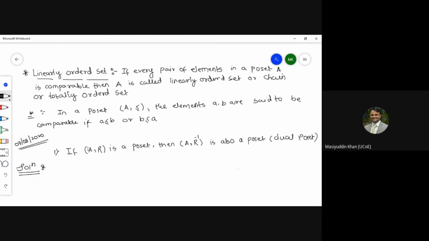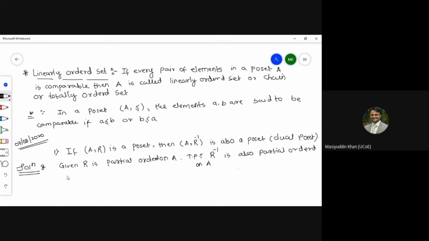Solution. What is given: R is a partial order on A. To prove that R^-1 is also a partial order on A. So one by one we have to prove the three conditions.